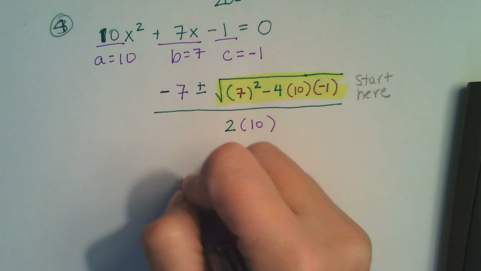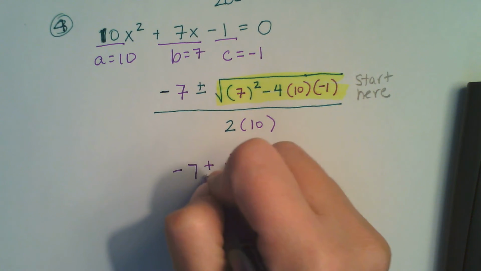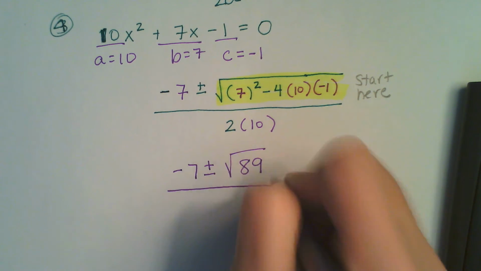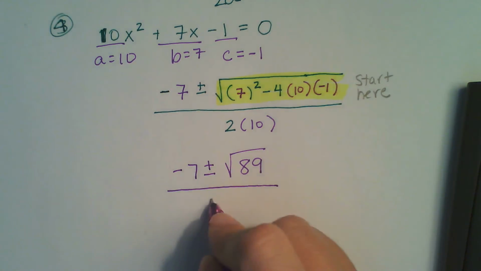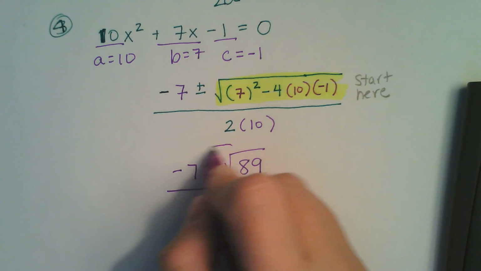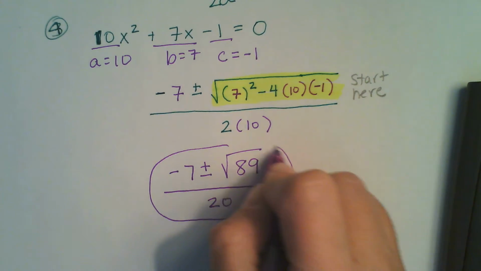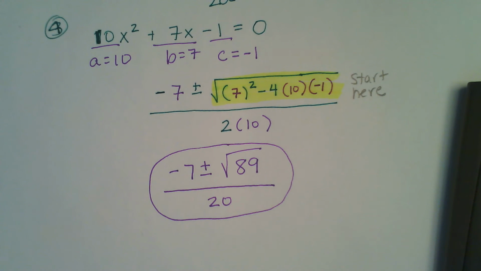I still have the negative 7 plus and minus over 2 times 10, which is 20. So it's very helpful to have a calculator. I could show you how to do that by hand if you need me to.